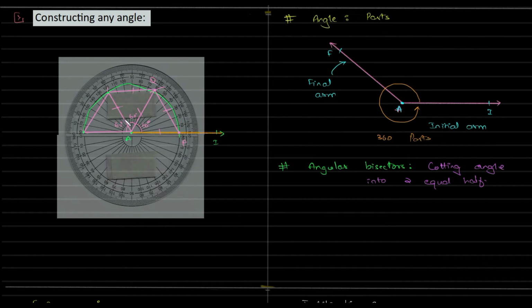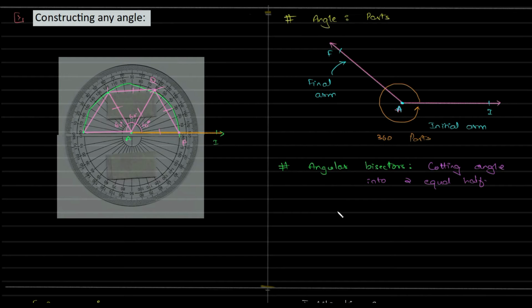Say I want 150 degrees. I'll talk about 90 degrees later, so let's talk about 150 degrees. If I want to bisect it, actually let me come back to the angular bisector.